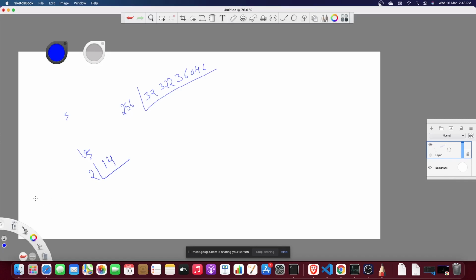As you can see, if you write 8421, what is the 14 value? 8 plus 4 plus 2, right? What is the remainder here? 0. 2 sevens are 14, remainder 0. 2 threes are 6, right? Yeah, 2 ones are 2, remainder 1. As you can see, if we write from bottom to top, what you will get here is 1110. Okay.